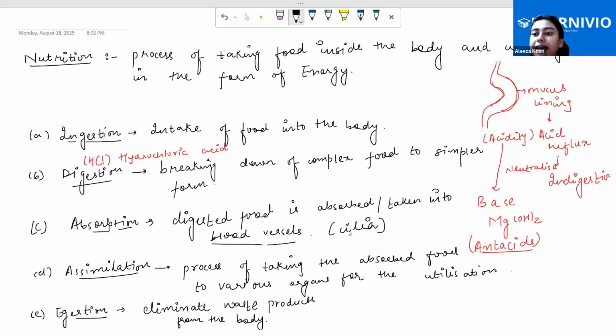In the small intestine, you have cilia, the hairy appearances. They are responsible for absorbing the food. Once the food is absorbed, it should be taken to various organs of the body so that they can perform their function and utilize it for energy. That process is known as assimilation.